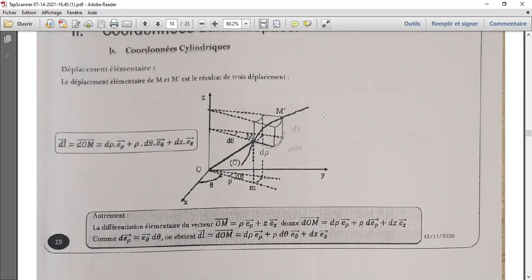To get the point M prime, you first move the theta, which is d theta. Then you move outside, which is changing d rho, and you move up for you to have M prime. So you see where this formula is coming from.